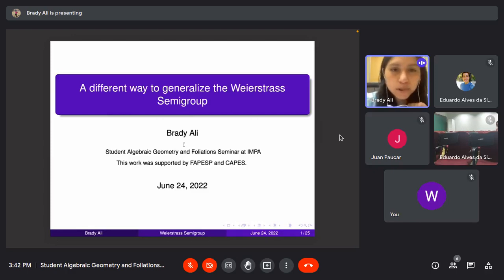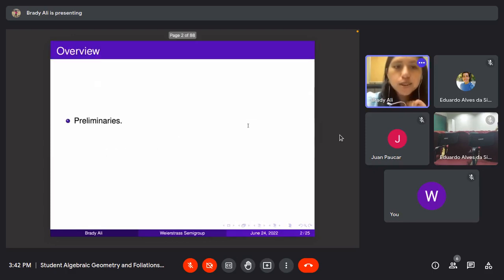So, as Eduardo said, I'm going to talk about a different way to generalize the Weierstrass semigroup. This is a research project I did at the University of Campinas under the supervision of Professor Marcos Jardim. Basically, we studied the Weierstrass semigroup and then we proposed a different way to generalize it.